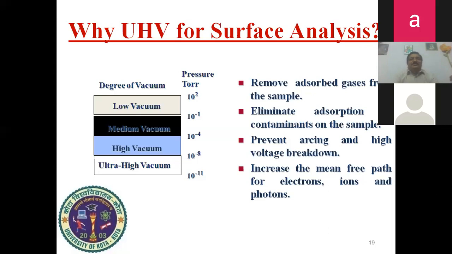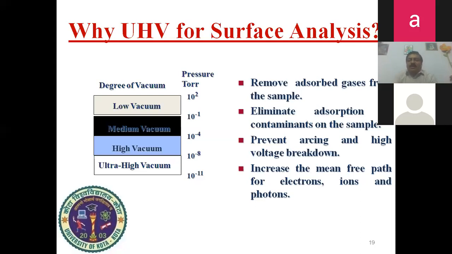So ultra high vacuum is quite necessary for surface analysis. Otherwise, XPS being a surface sensitive technique, we would have signal from the contaminants, and we could draw wrong conclusions about our sample. Ultra high vacuum is also useful for removing the adsorbed gas from the sample.